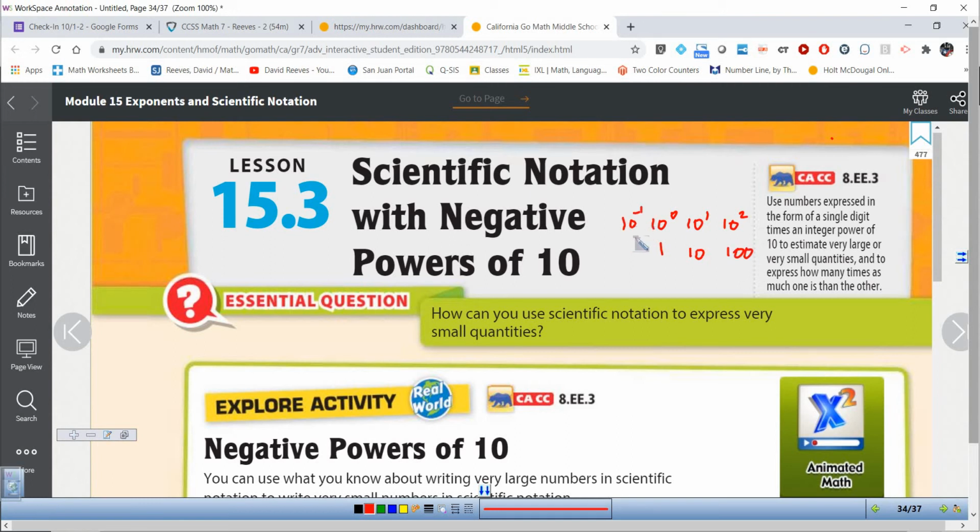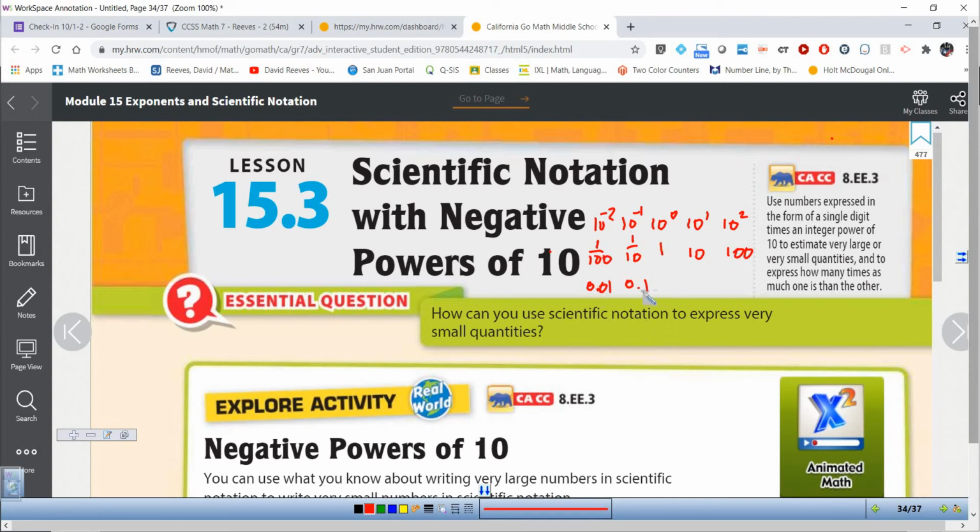10 to the negative first power is 1/10, or as a decimal, that's 0.1. And 10 to the negative second power is 1/100, or as a decimal, that's 0.01. So can you see when we have negative powers of 10, we're getting these decimal answers?